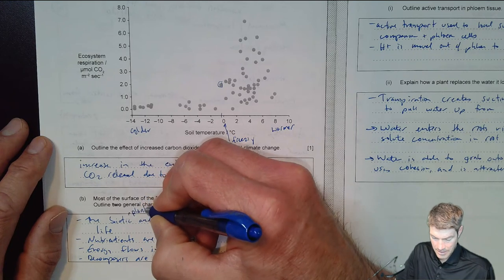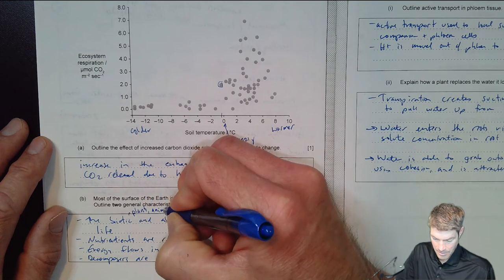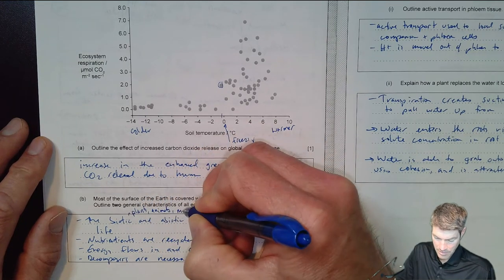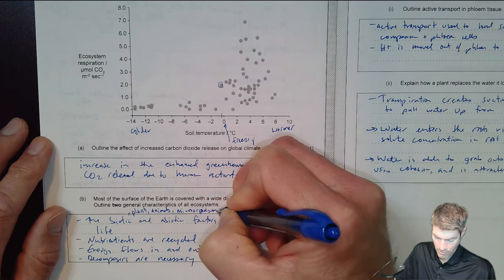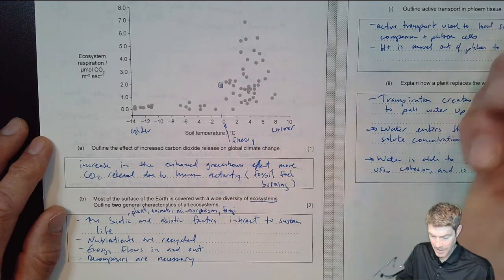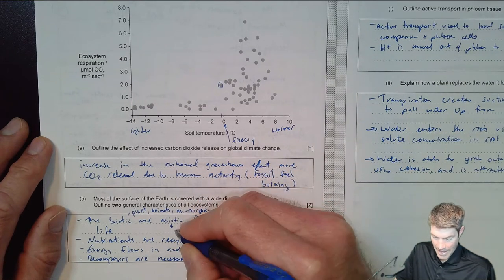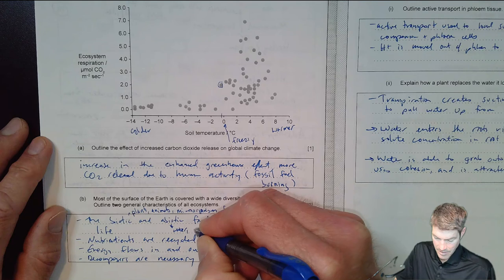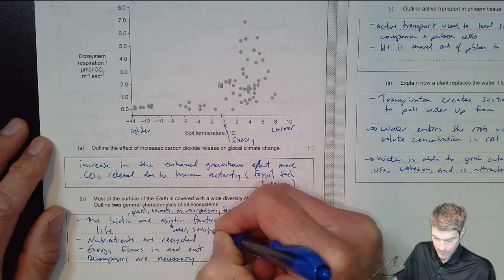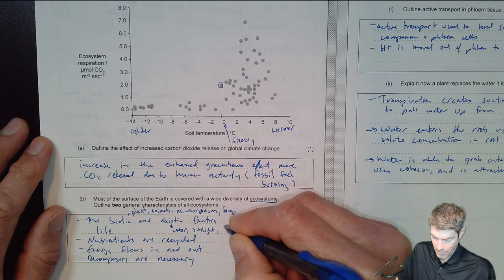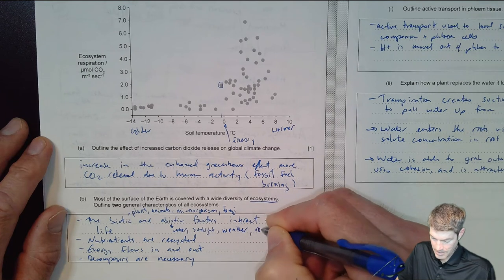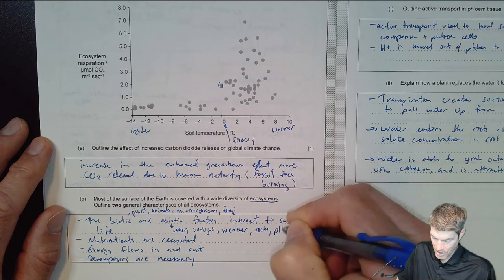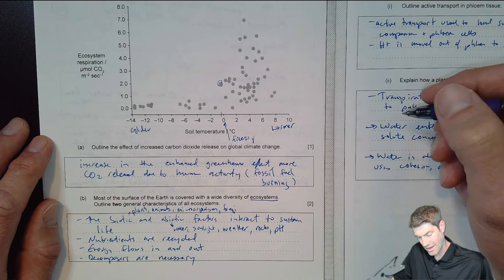So the plants, the animals, the microorganisms, fungi, etc. And abiotic factors like water, sunlight, weather phenomena, rocks, things like pH. Those are all abiotic factors.